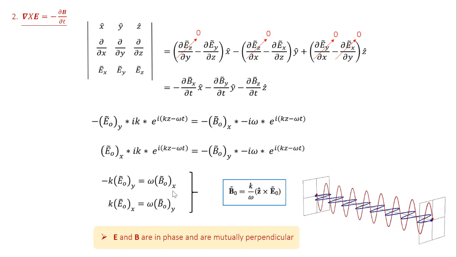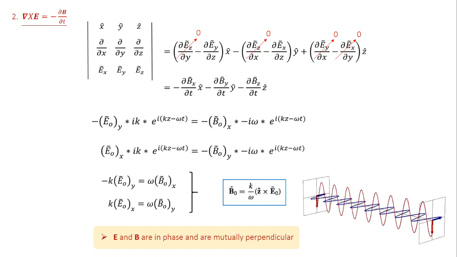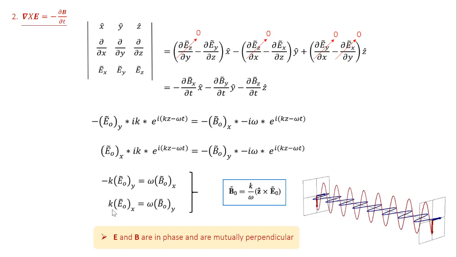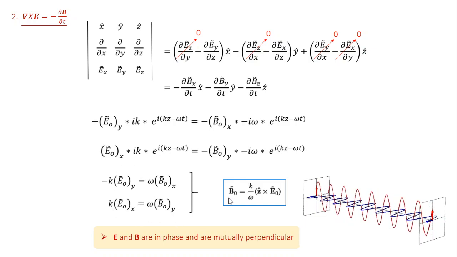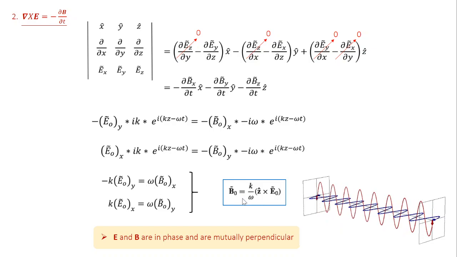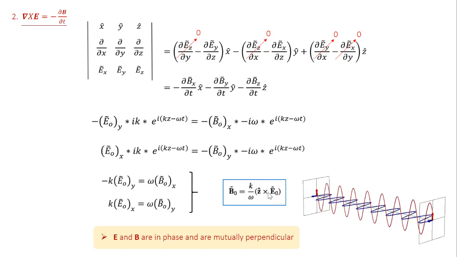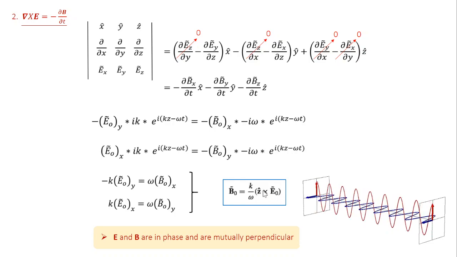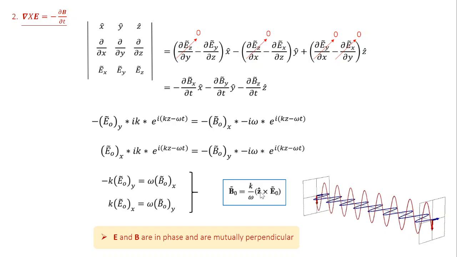The perpendicular relation can always be represented in terms of a cross product. So this relation I can generalize and write B naught complex equal to k/ω into z cap cross E naught complex, where z cap gives you the propagation direction.